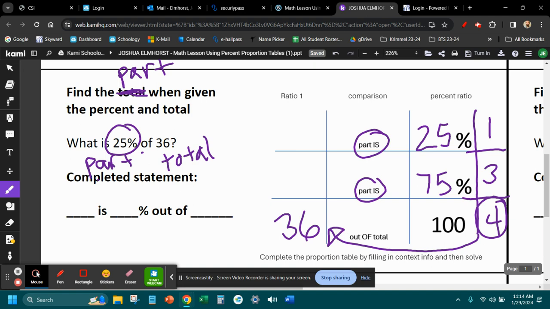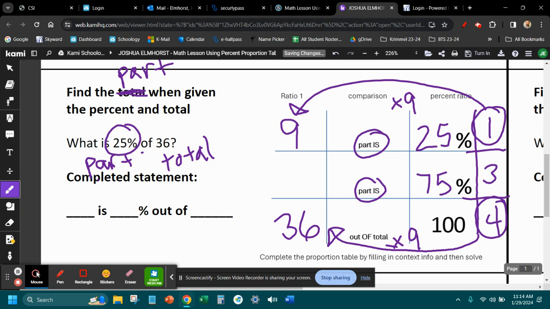Now do we have a factor that works for 36? Times 9. So we go up on top. 4 times 9 is 36, and 1 times 9 is 9. And in the middle, just to find the other part, 3 times 9 is 27.